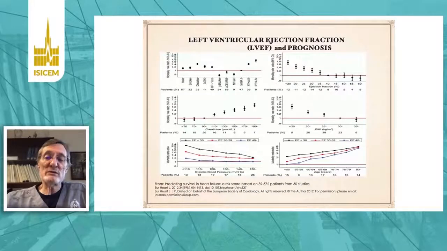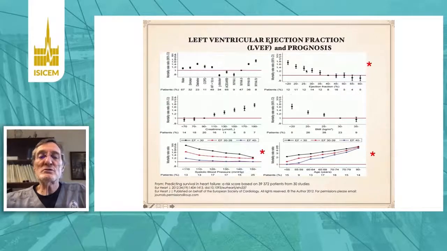Here's another one, which is an even bigger study. It's a meta-analysis looking at survival from heart failure. As you can see, there are nearly 4,000 patients and 40,000 patients in this study, covering 30 other studies. As your ejection fraction decreases, now here's a good ejection fraction, 55, 60%, but as it decreases down to less than 20, then your mortality ratio increases enormously.